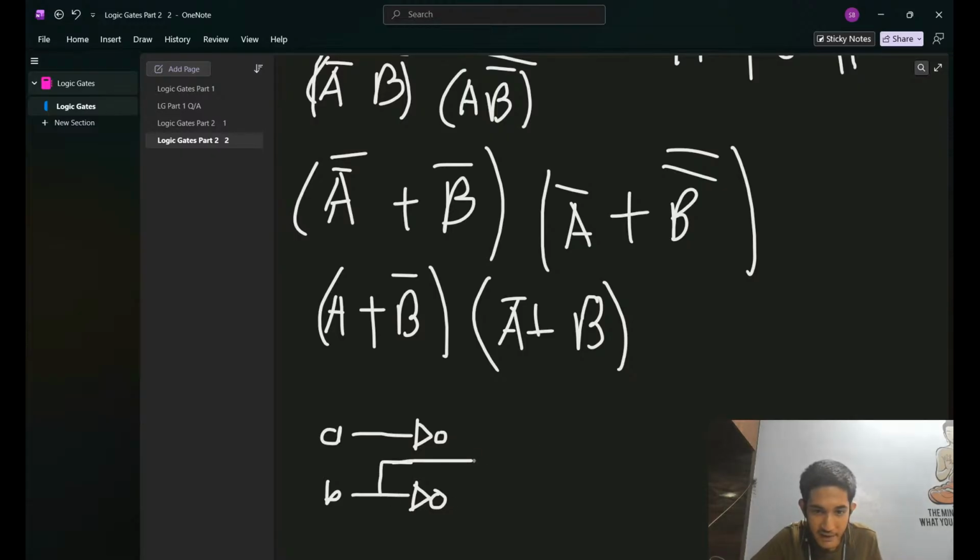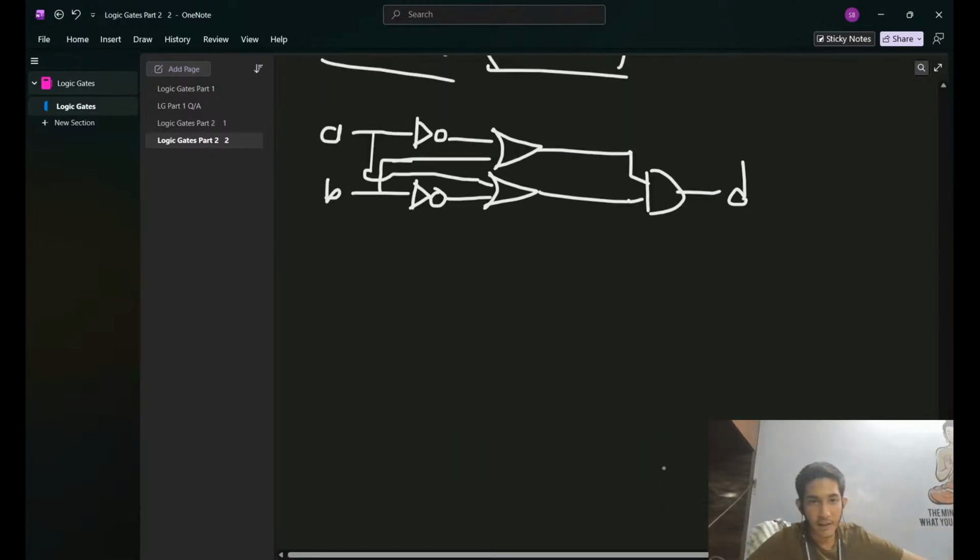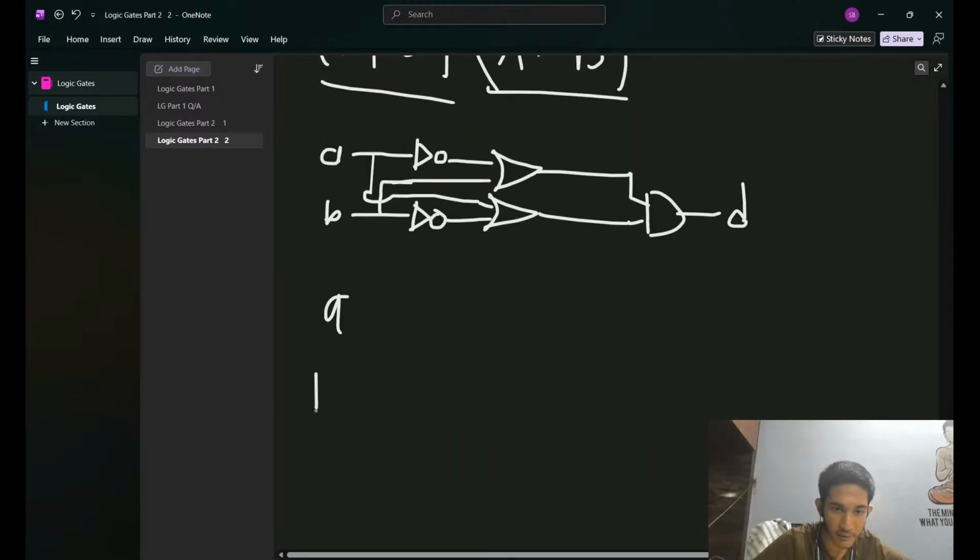We can take this and OR it. So that's this part done. And then we can take the other half and OR that as well. So then this part is done. And then of course we must AND it, because we are multiplying the two together. And there you go. You get the XNOR gate. Let me write that larger for you.